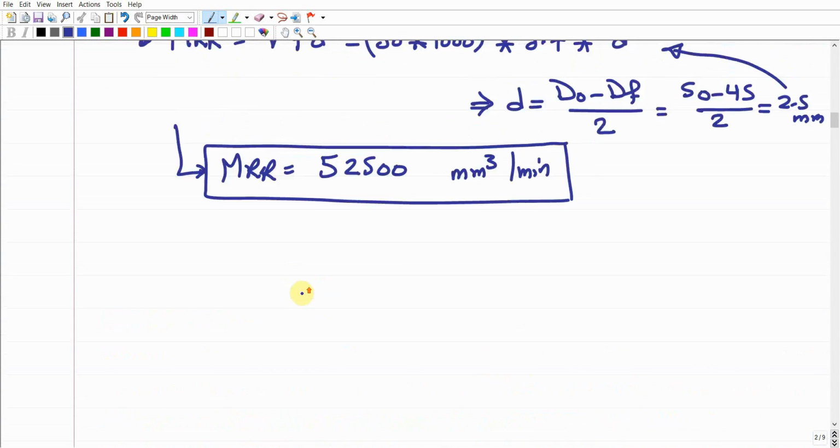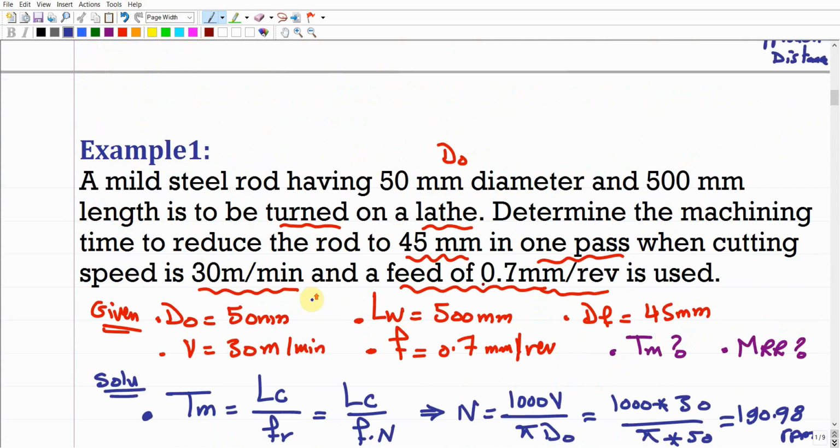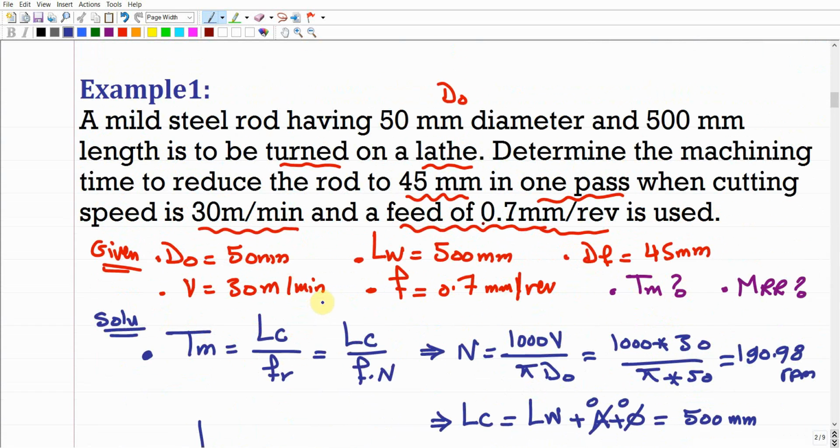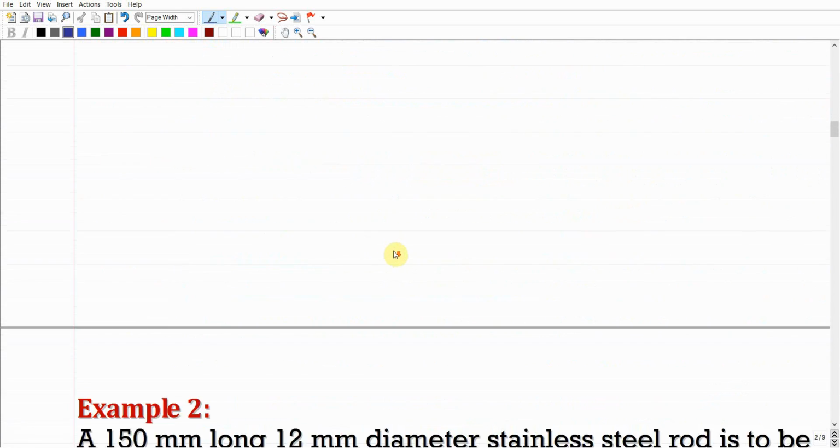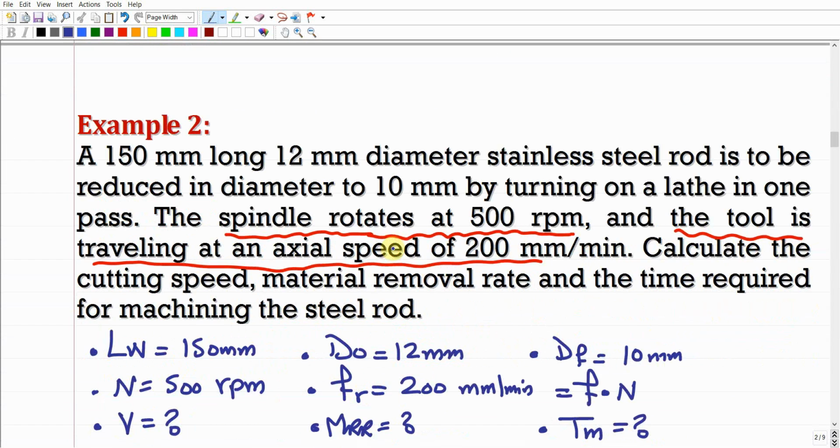The essential difference between example 1 and example 2 is in the given data. Here I directly mentioned cutting speed and feed, but there I didn't. I gave the cutting speed and feed indirectly by describing them. In this example we do have a spindle rotation, which indicates that we are indirectly talking about the cutting speed.